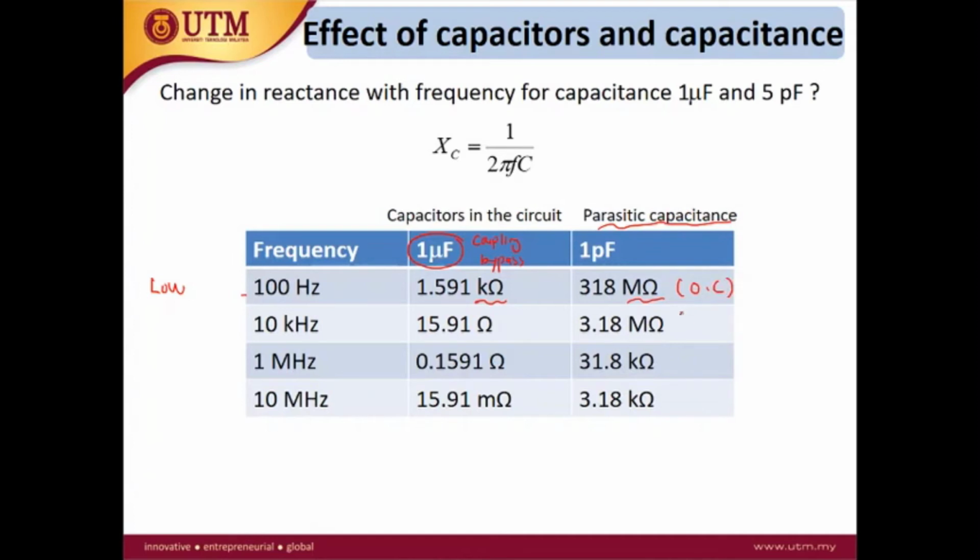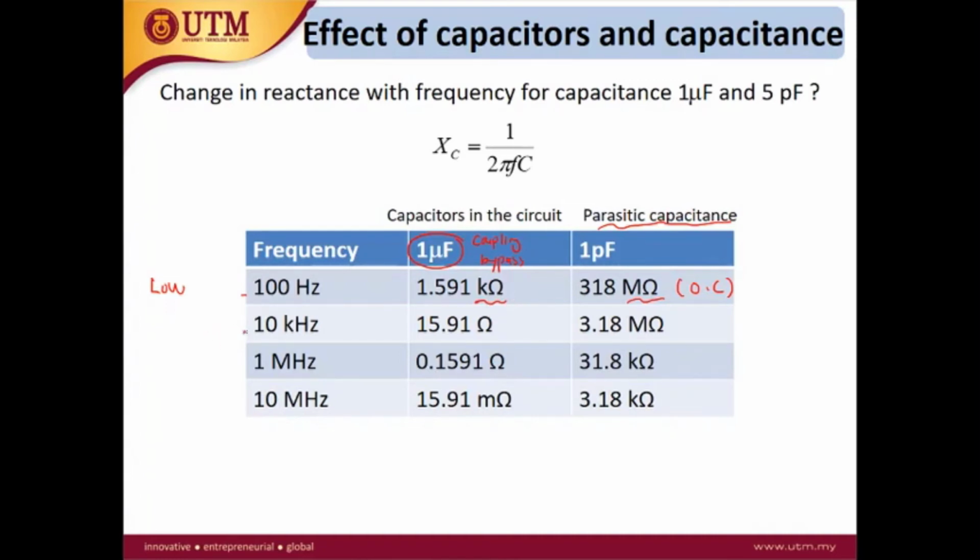That's why the parasitic capacitance does not appear at low frequency. However, the coupling and bypass capacitor impedance is quite large, comparable with the other resistances inside the biasing circuit.